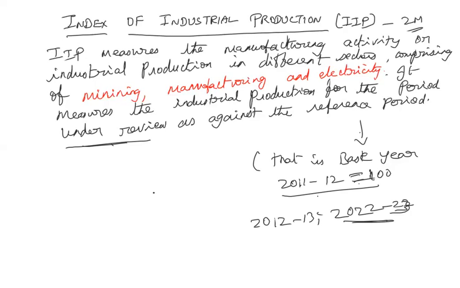This is enough for the 2 marks, but for your understanding, the overall industries, the industrial manufacturing, are broadly categorized into mining, manufacturing, and electricity. This index of industrial production takes into consideration 8 core industries, included in manufacturing, mining, and electricity.